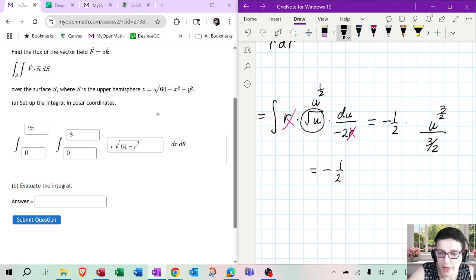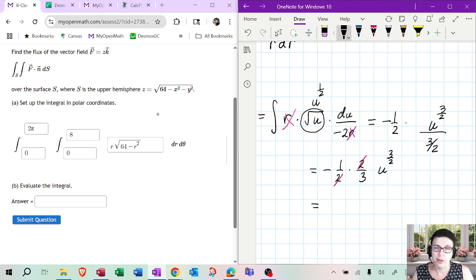So dividing by 3/2 is the same as multiplying by the reciprocal of it, which is going to be 2/3. And the u to the power 3/2 is still there. So I can see that 2 and 2 here cancel out. Now, I always go back to the original variable. So there are two ways that a substitution can be done.